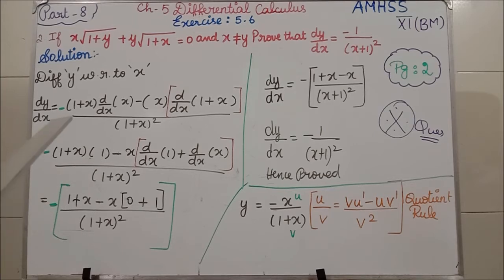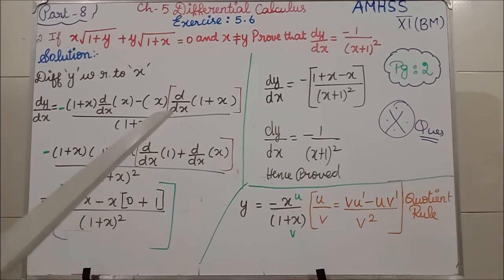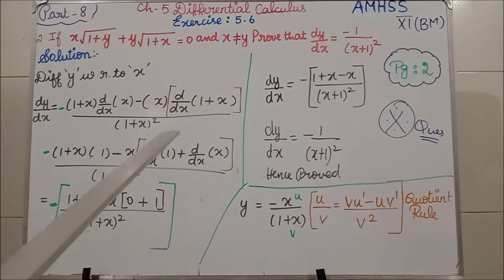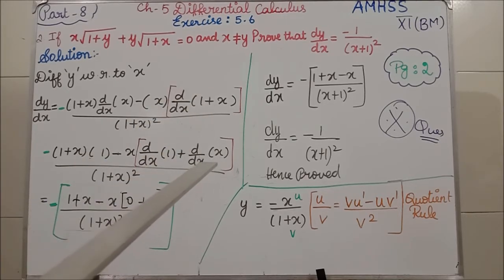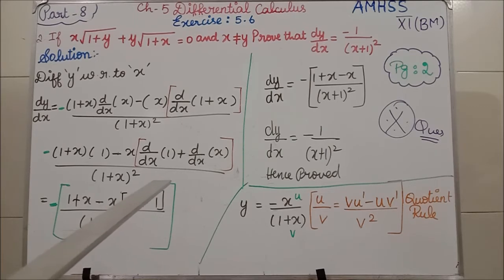Clear? The next step, if you see, the minus commonly we are having, 1 plus x into d by dx of x, answer is 1, minus x into d by dx of 1 plus x. Clear, students? These are all very simple steps. Since you are beginners, I am writing like this. Once you become familiar, you need not write like this.